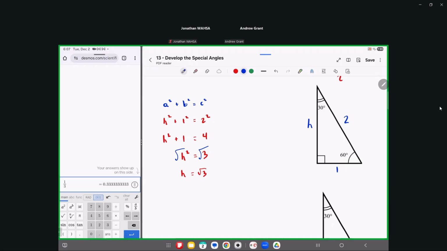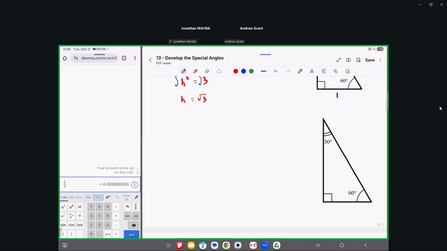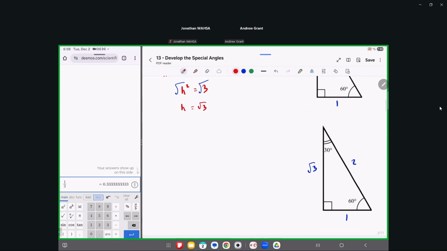In fact, the height of this triangle is going to be the square root of 3. So what's so special about this now? Well, 2, 1, square root of 3. I can now start asking some interesting questions.